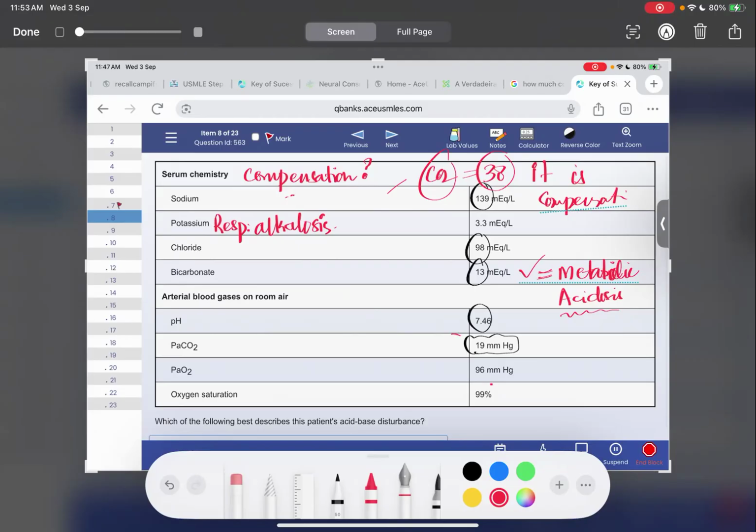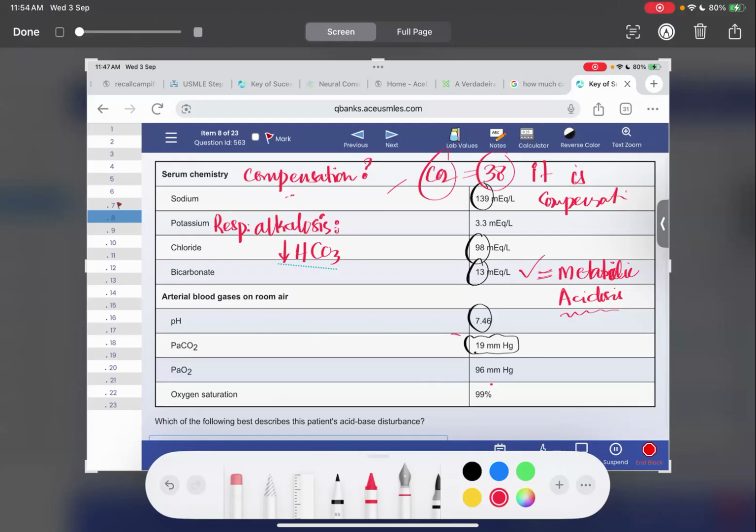Respiratory alkalosis will be compensated by what? Increase in bicarbonate reabsorption by the kidney. So we will have decreased bicarbonate, right?